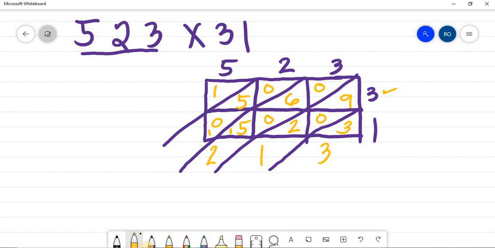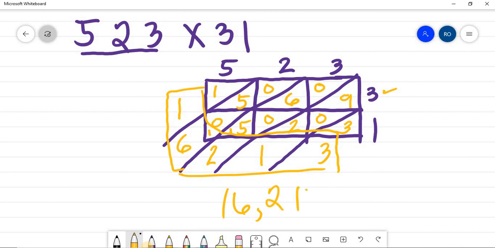Carry 1 here. And 0 plus 5 is 5 plus 0 is 5 plus 1 is 6. And lastly, we have 1. So our answer is 16,213.